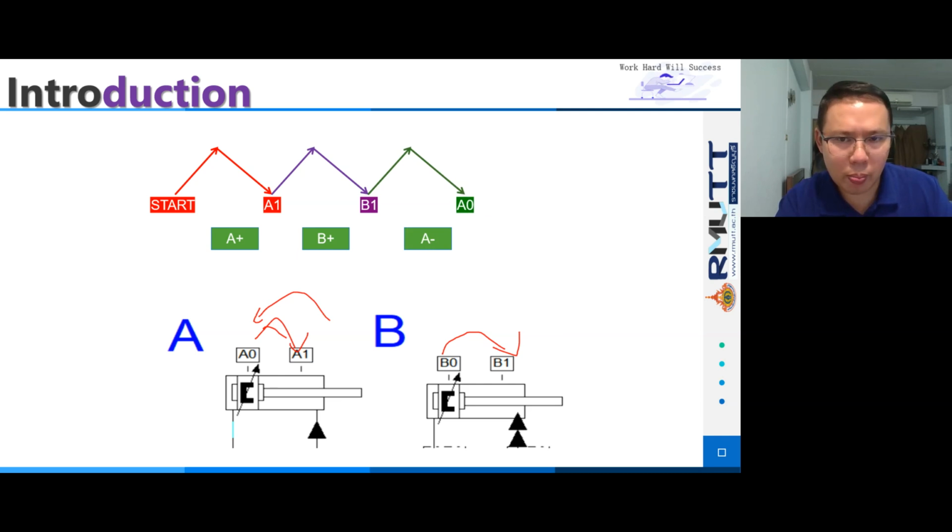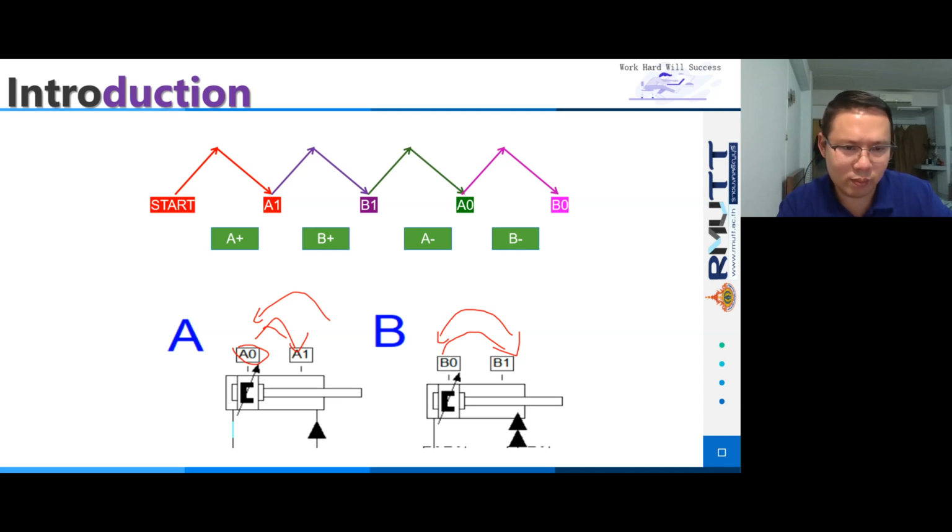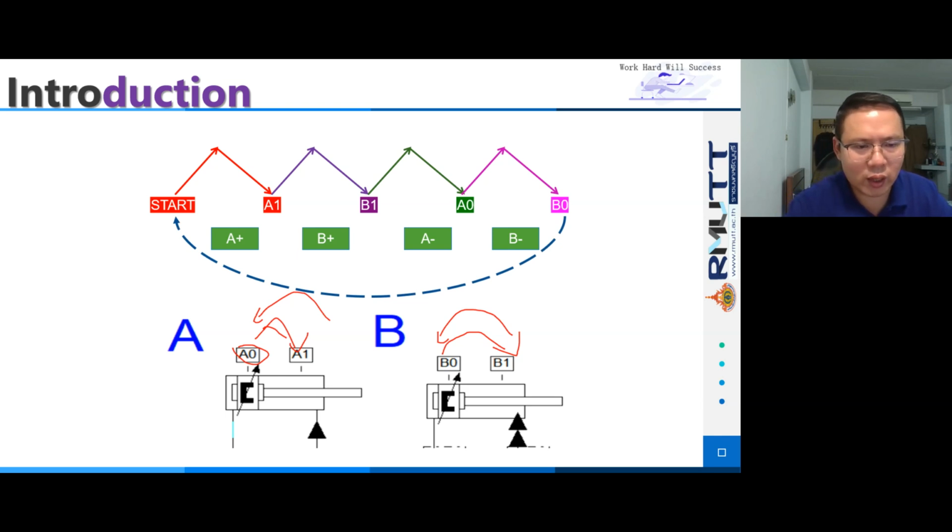It's A minus. When the air stream of cylinder A arrived in the A0 position, the air stream of cylinder B will return to B0 from the B1 position. It's B minus motion.